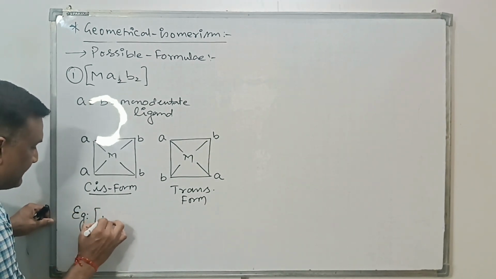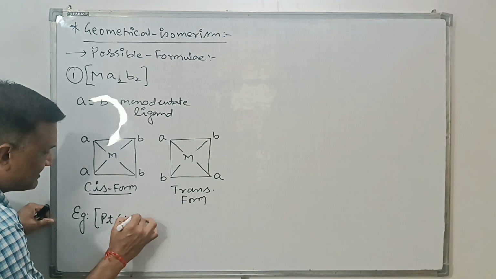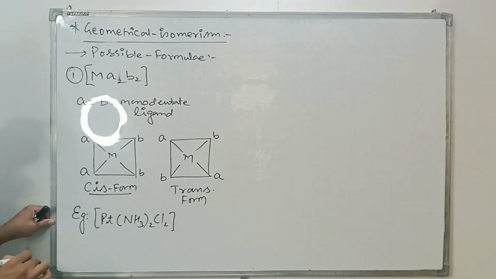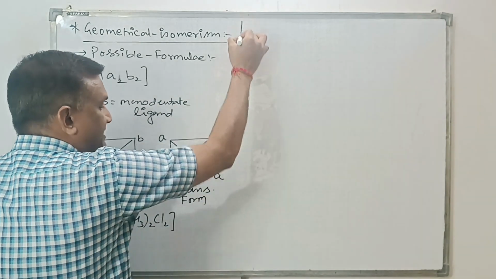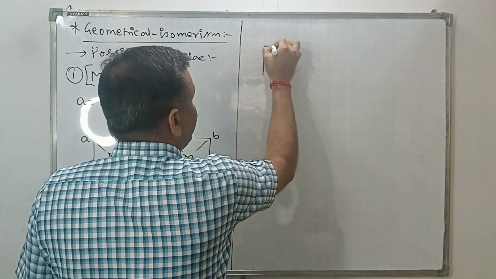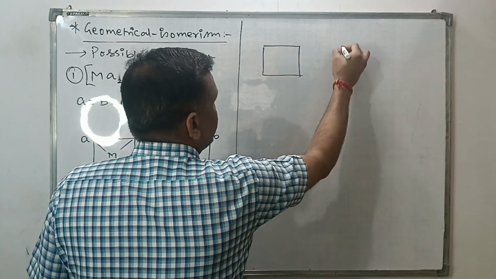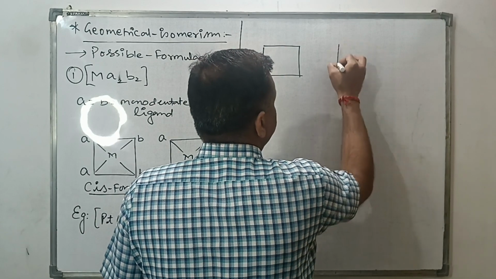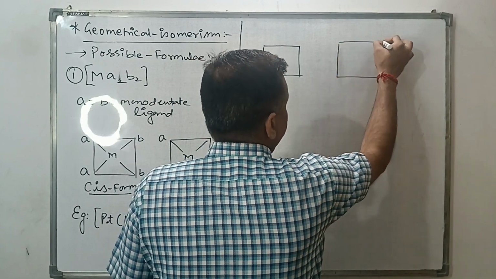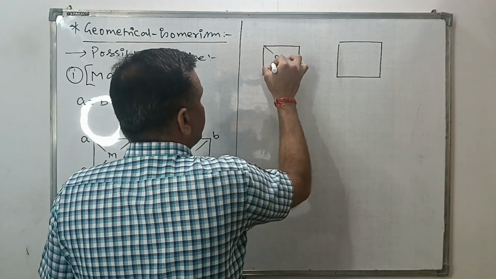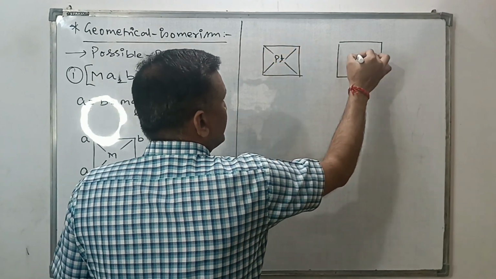We'll go with the example. This is Pt(NH3)2Cl2. Then the two forming geometries will be as follows. This is the square planar geometry. This is again your square planar geometry. This is Pt. This is Pt.